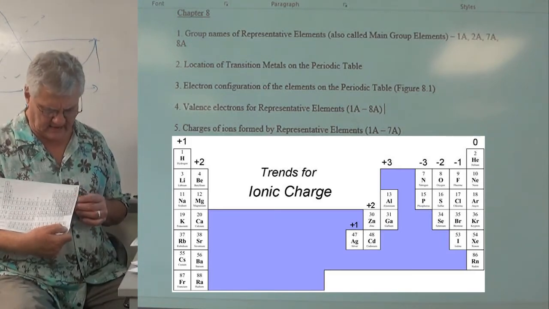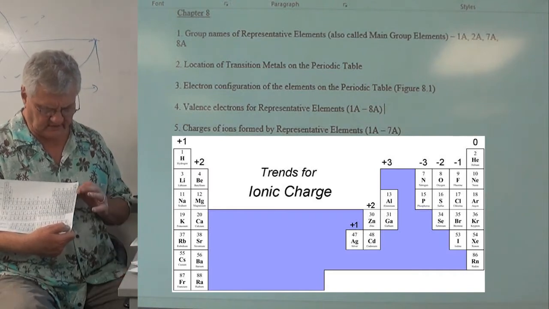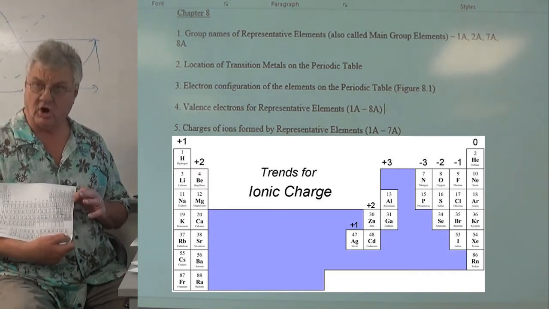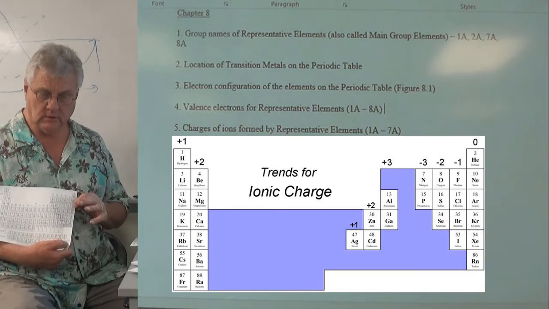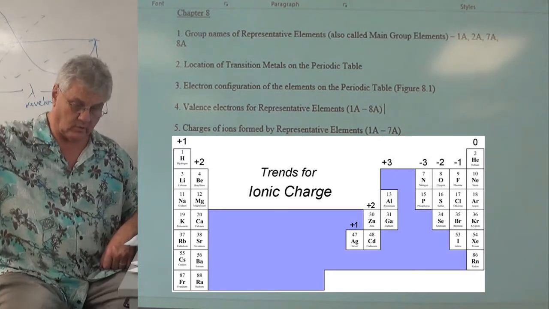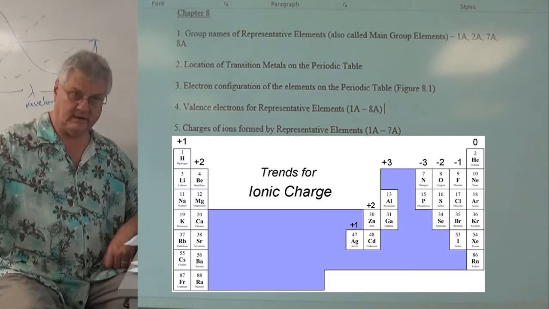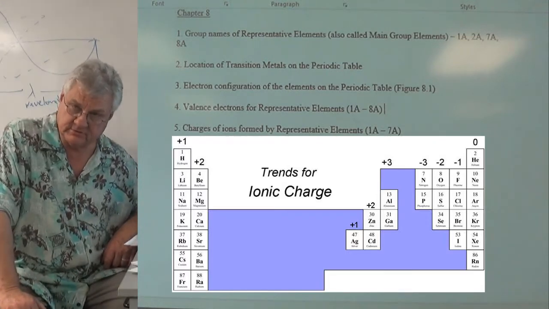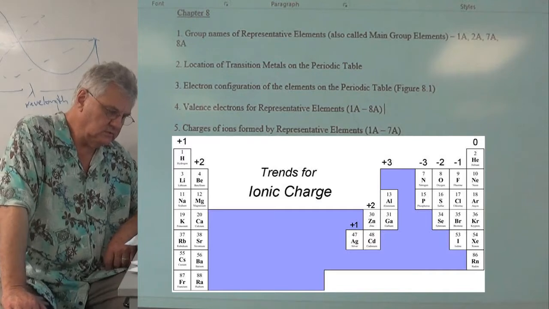So if a chlorine atom gains an electron, it'll have the same electron configuration as an argon atom, but it'll have a minus one charge. Chlorine forms chloride, minus one charge. You might have fluoride in your mouth if you brush your teeth, it's got a minus one charge.